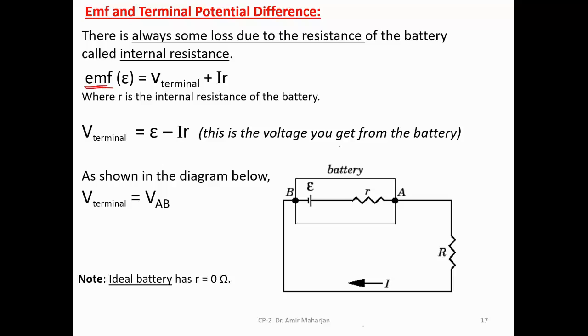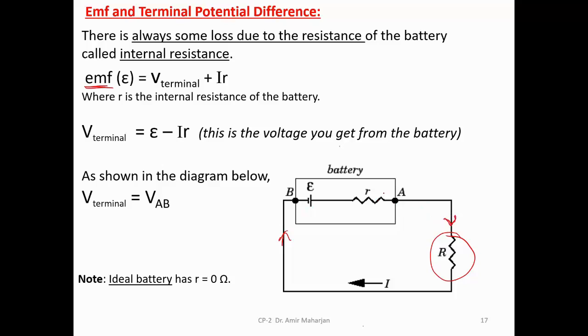But none of the batteries are ideal, and in reality, the voltage across the battery decreases almost linearly with more current. If you put on more load, if you try to draw more current through the circuit by putting in low resistance or high load, the voltage across AB, the voltage across the battery, decreases.